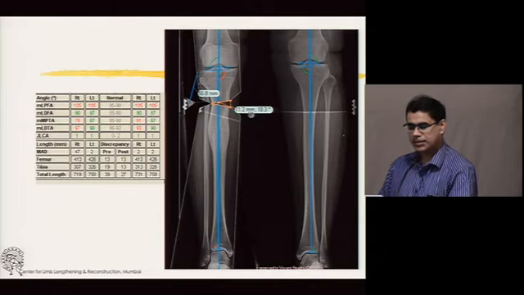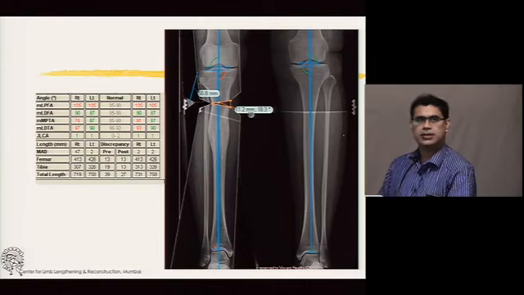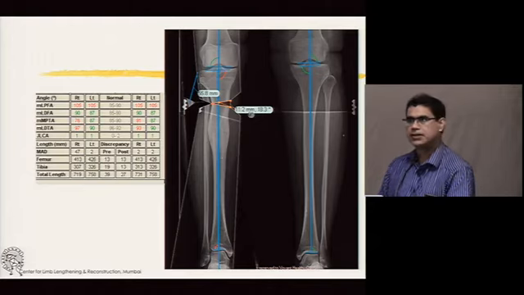Just correcting the deformity, the numbers change from tibial length of 307 to 313. So about 6 millimeters, 7 millimeters of difference. So just open wedge correction will not give her enough length.